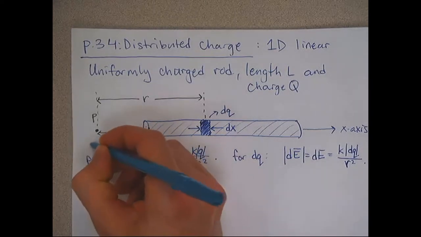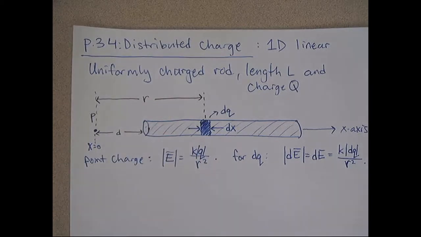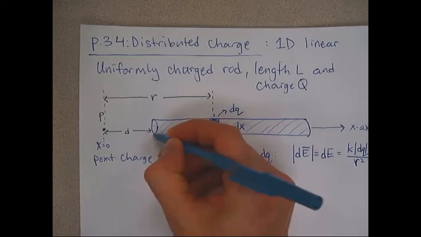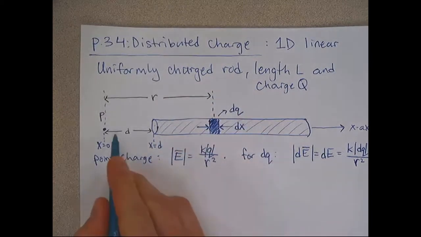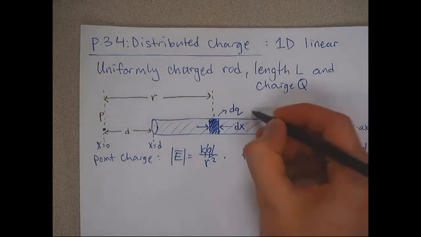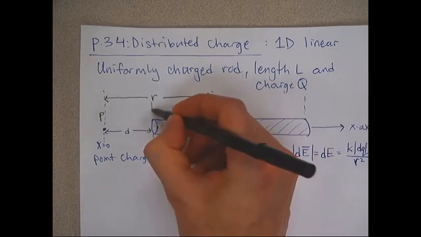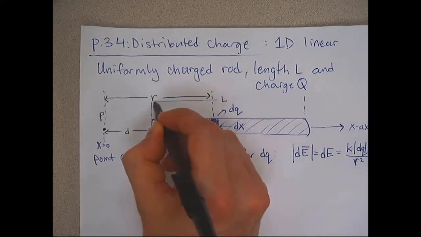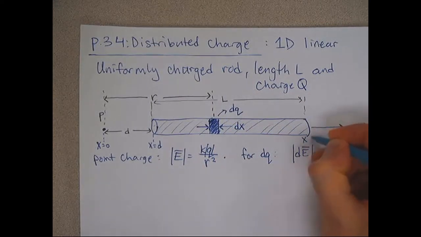We'll choose our origin to sit at the location where we want to know the electric field. Then the left end of the rod is located at x equals d, and if the length of the rod is L, then this right end of the rod is located at d plus L.